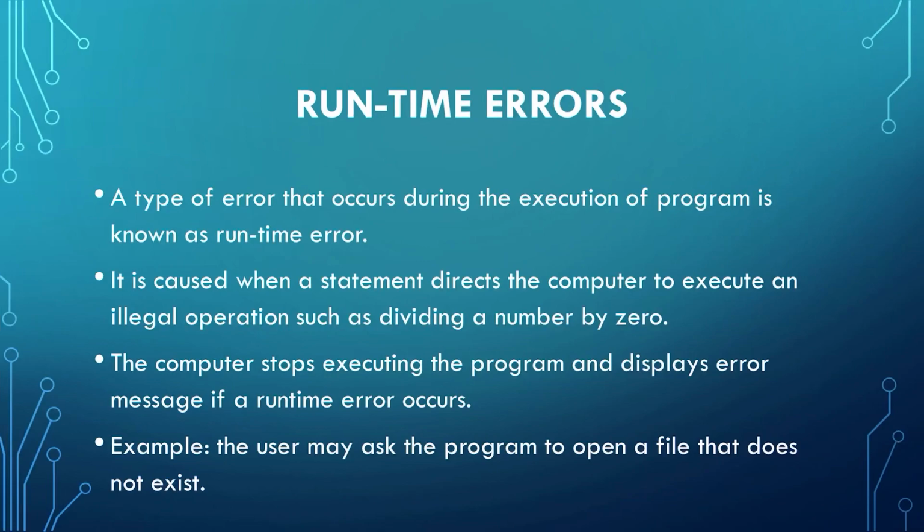For example, if you are a programmer and you have written a statement which directs the computer to divide a number by 0. Now you know that dividing a number by 0 results in infinity, which is not possible, so the computer will generate an error. So such operations are known as illegal operations.